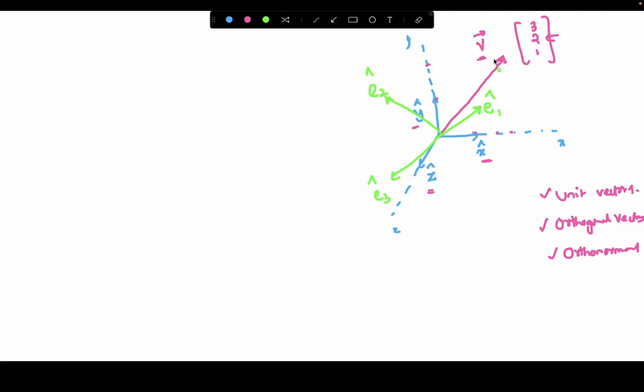You can also define your v bar with respect to E1 hat, E2 hat, E3 hat instead of x hat, y hat, and z hat. When you represent your v bar with respect to these three new basis vectors, you will no longer have the same coordinates or components, but rather you will have different components or coordinates, because now you are looking at how far away it is from each one of these new basis vectors. And that's the key distinction.